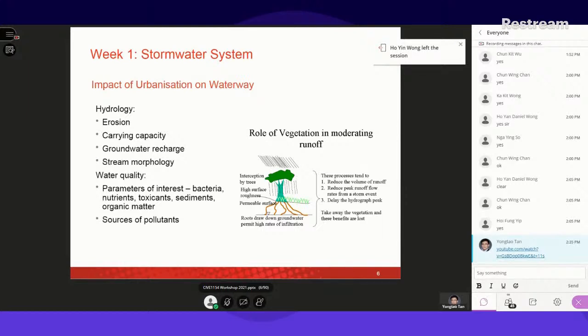All these are the sources of pollutants in the urban areas, in the cities.